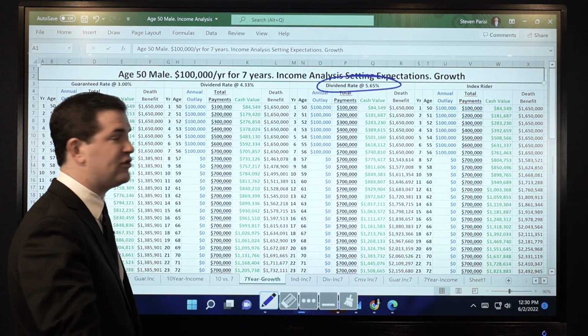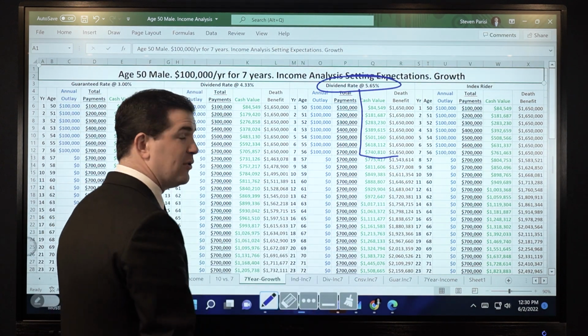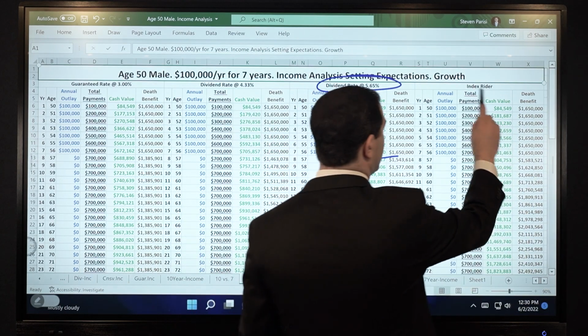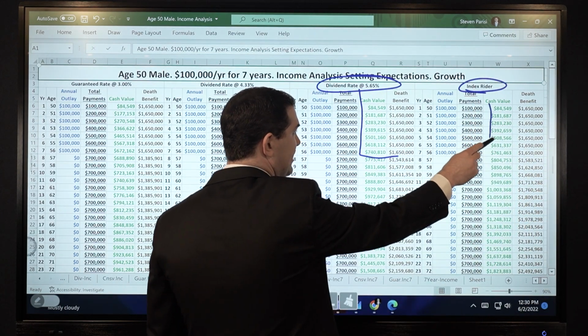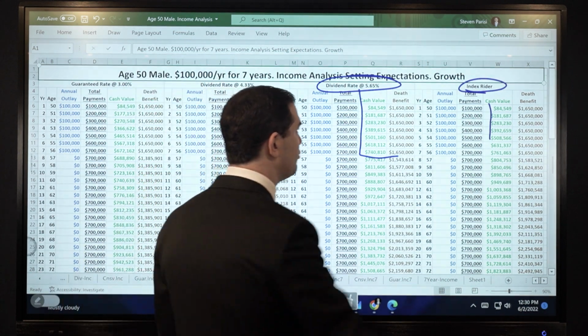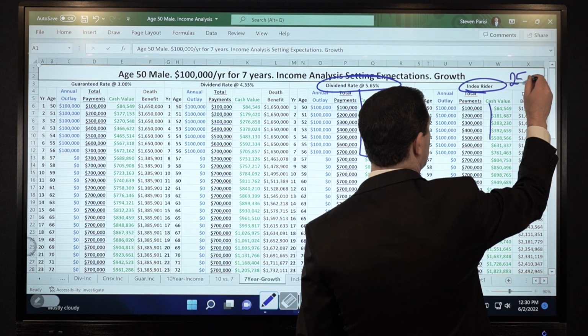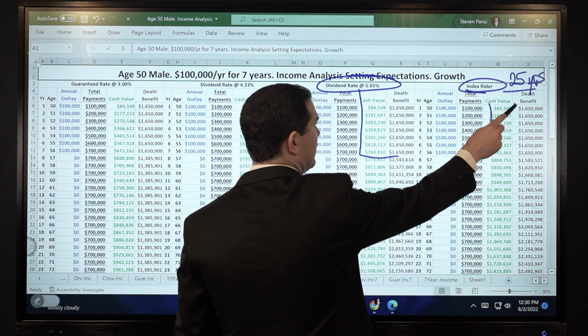This is that illustration we just started with and compared it to the 10-year fund. If I look at the indexed rider, starting with the best case scenario, right, that's using the S&P 500 index. This is merely a projection because there's no way to actually project that. This is based on the past 25 years of market history. There's my projection.